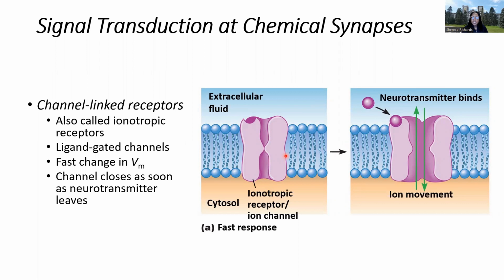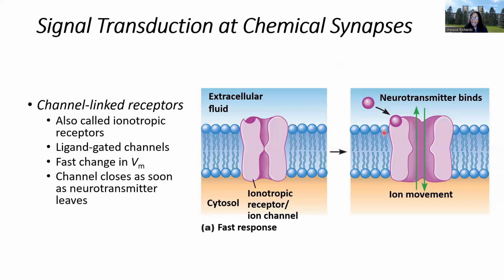Now, a fast change in the membrane potential occurs when the neurotransmitter binds, and that immediately results in some type of ionic movement. So when the neurotransmitter binds to this ionotropic receptor, also referred to as a fast receptor, that automatically opens up a channel because the receptor is also acting as a channel.